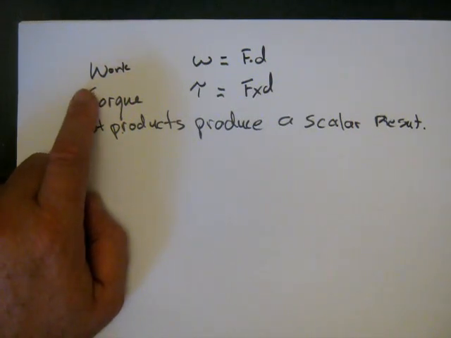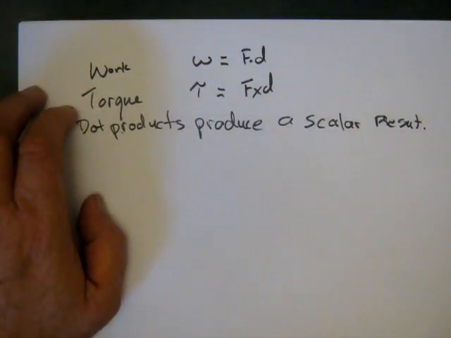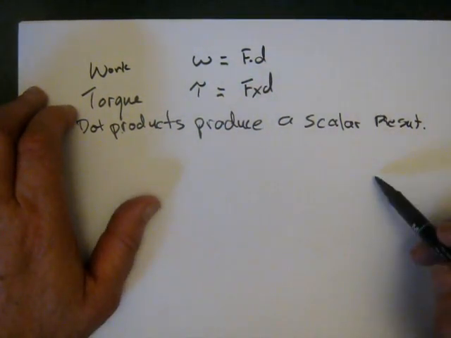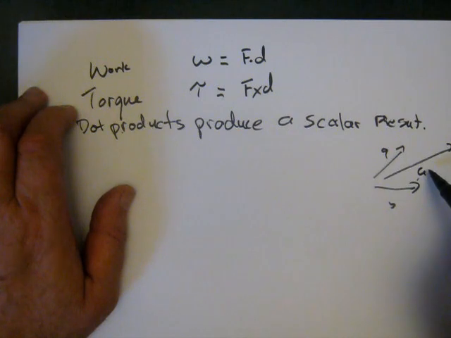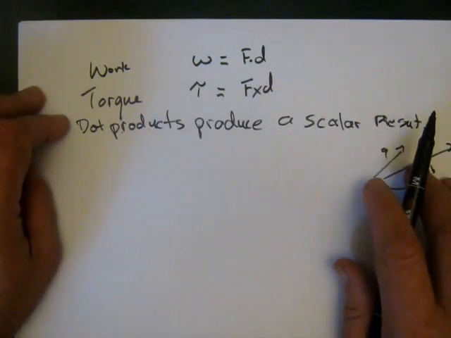What we end up with is an answer in joules, and joules has got no direction component. So with the dot product, basically you end up with a scalar value, no direction applied. So often what we used to draw them as is, here's A and here's B, and this is going to be A dot B, that's all very cool.